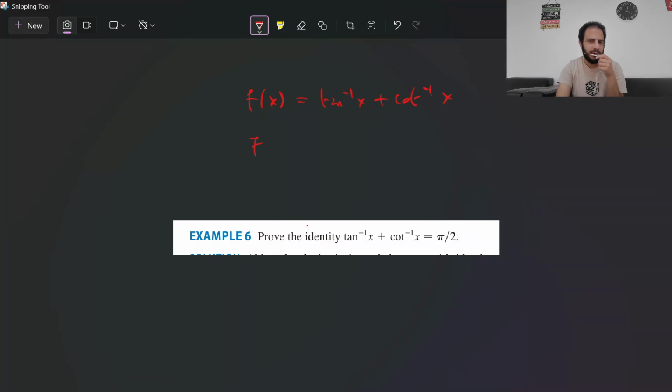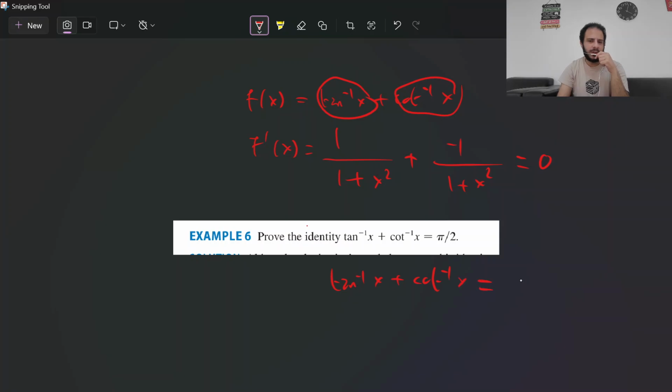Then you differentiate. What's the derivative of tan inverse? 1 over 1 plus x squared, right? Plus the derivative of this one, minus 1 over 1 plus x squared. You get 0, right? So we know that tan inverse x plus cot inverse x equals a constant.